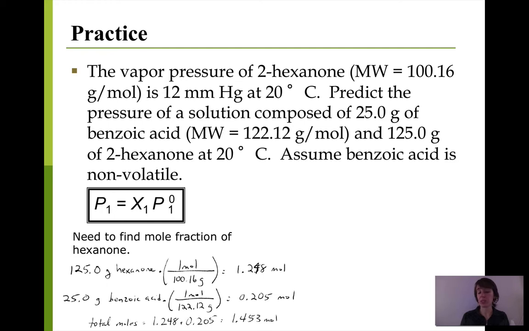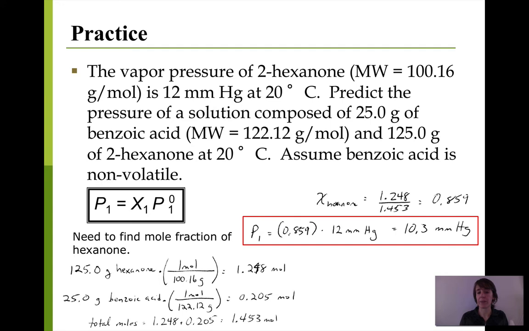So the total number of moles is 1.45, and if you recall, the mole fraction is just how much of the compound you're interested in, in this case the hexanone, relative to the total number of moles. So the mole fraction is the 1.248 moles of hexanone divided by the total, and we get 0.859. You could also say that 85.9% of the molecules in the mixture are hexanone, but mole fraction is usually kept as a decimal value.